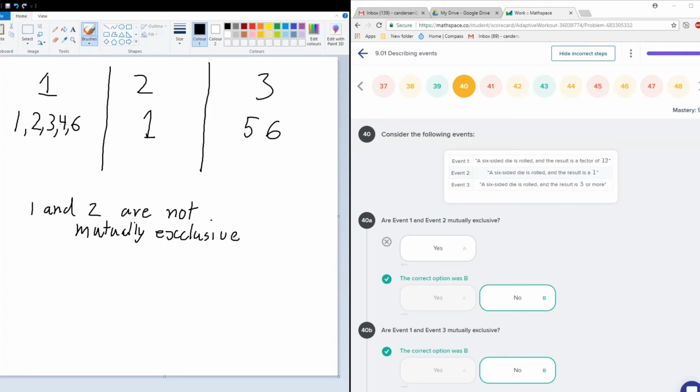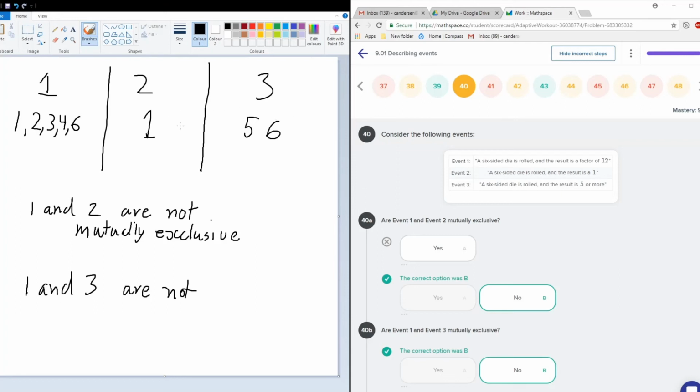So can event 1 and 3 happen at the same time? Well, they can because there's a 6 and a 6. So they can happen at the same time, so they're not mutually exclusive. So 1 and 3 are not mutually exclusive. What about event 2 and 3? Are they mutually exclusive? Can they happen at the same time?